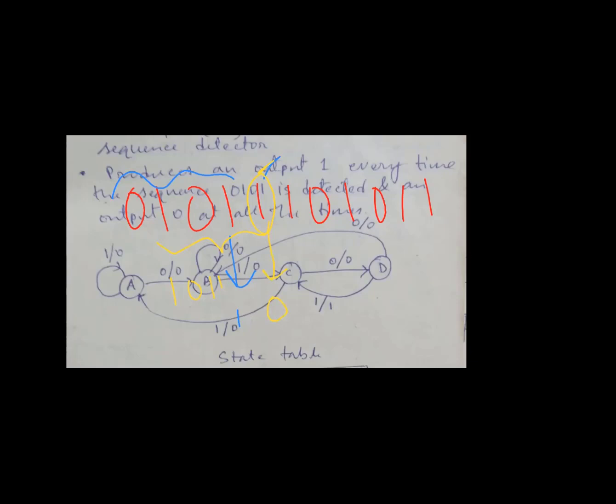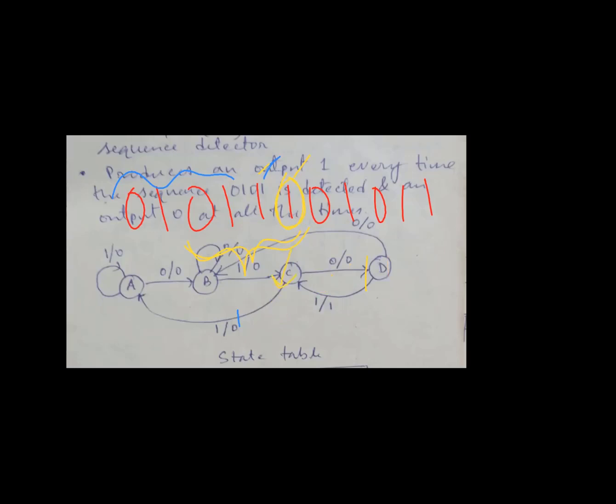Next we scan this bit, and again look at the last 4 bits. They are 0111. These last 4 bits are also not 0101. So for this one also, output is 0.